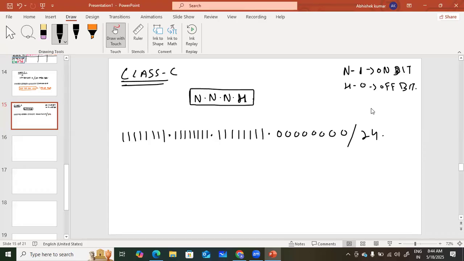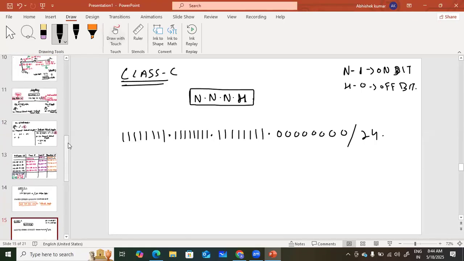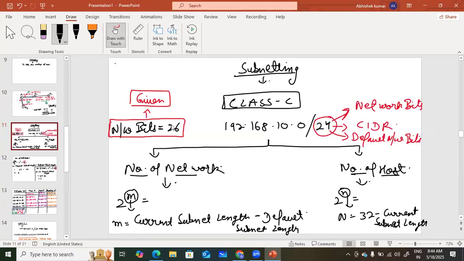Right now, what is my current scenario? My current demand is for 26 networks, which is given to me. So it means I need 26 network bits.